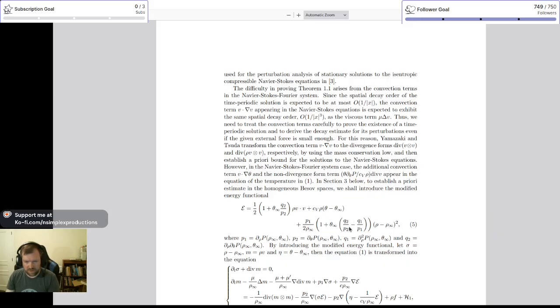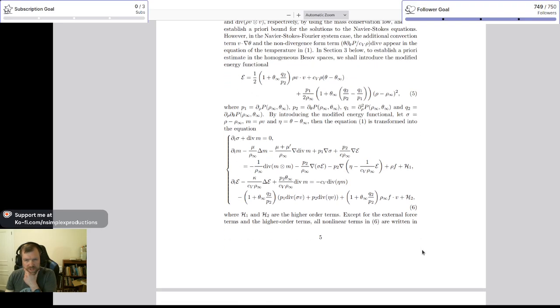P1, P2, Q1, Q2 are all given here. By introducing the modified energy functional, let delta equal the difference between rho and rho infinity, m equal to rho V, density times velocity, and eta the difference between theta and theta infinity.